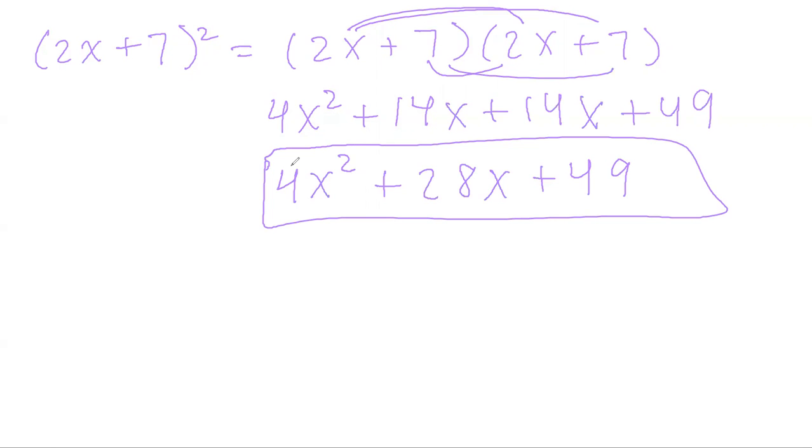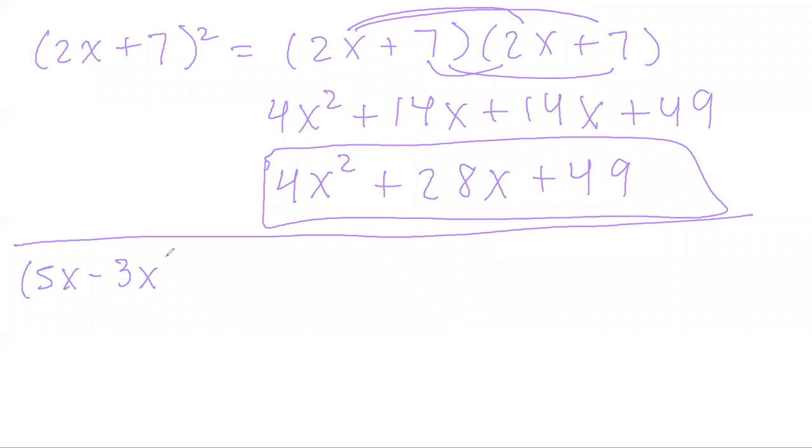And just to keep it a little bit more challenging, let's also try 5x minus 3x squared, all squared. And again, I can write this as 5x minus 3x squared times 5x minus 3x squared.